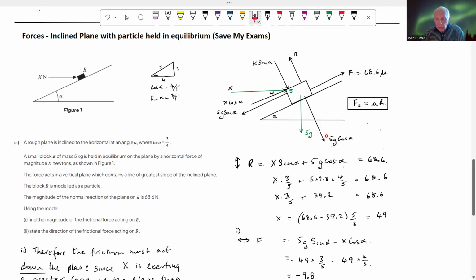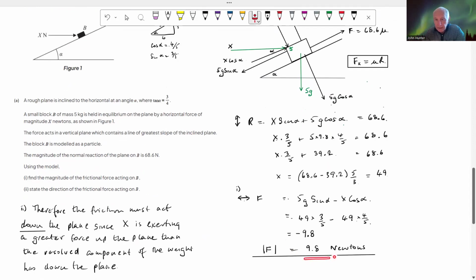Okay, so that's the magnitude, and it is actually acting down this way. Right, okay, so that doesn't quite sound like the question implies to me, but the point is, if we show it in the wrong direction, it will still work through.